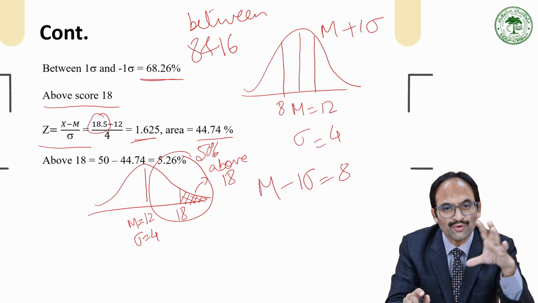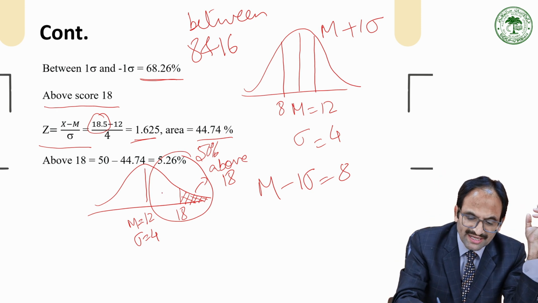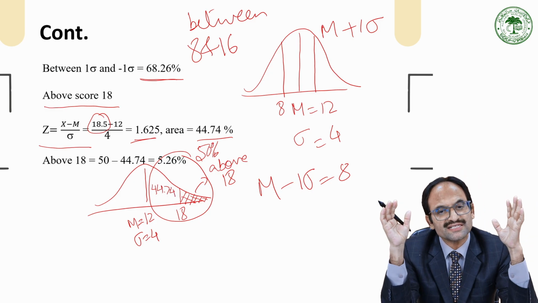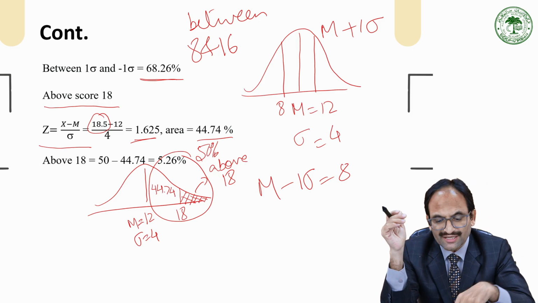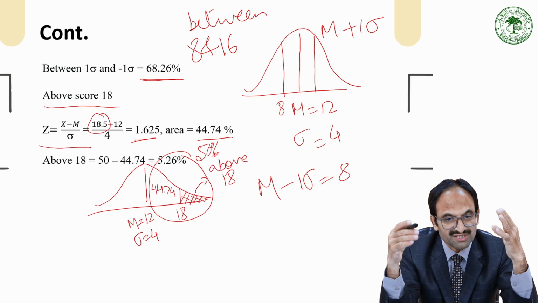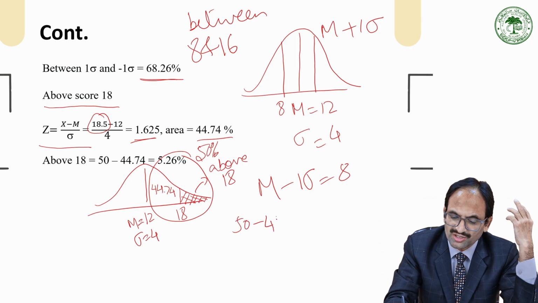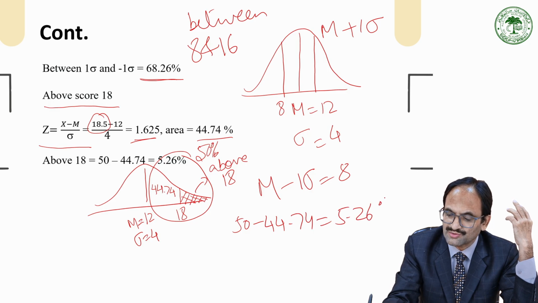When the whole area is known to you as 50 and this particular area you have got as 44.74, then it is easy to calculate the shaded area, which is above 18. So what you will do? 50 minus 44.74. Finally you will get 5.26%.